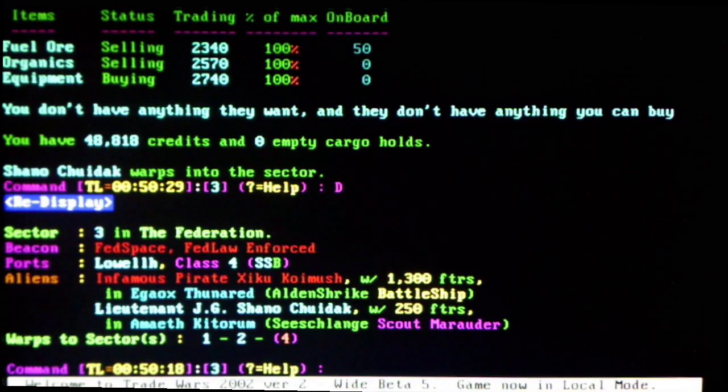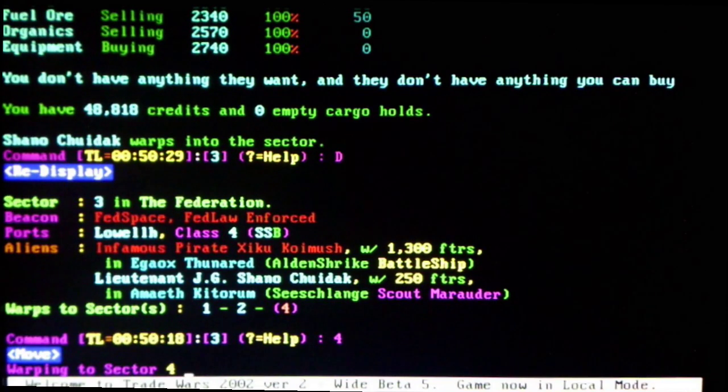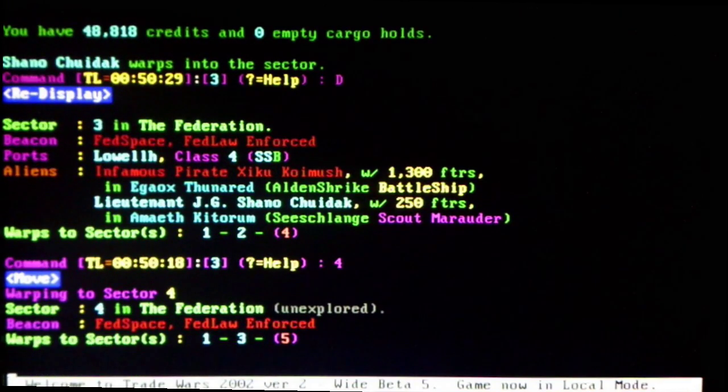So I should also mention that you can see 4 down there is a sector we've never been in. There's a couple different ways you can do this. I actually did have mapping sector software that would let you send out probes.